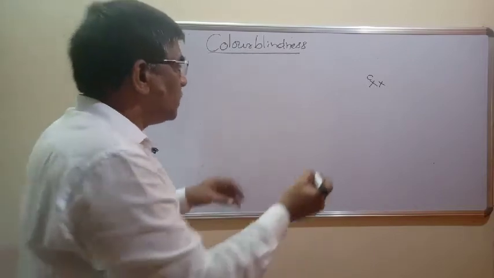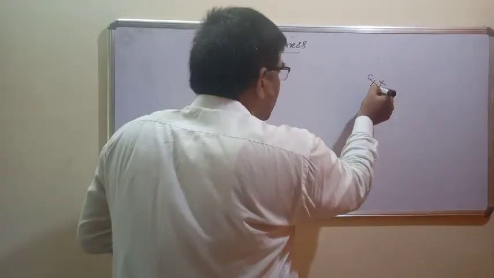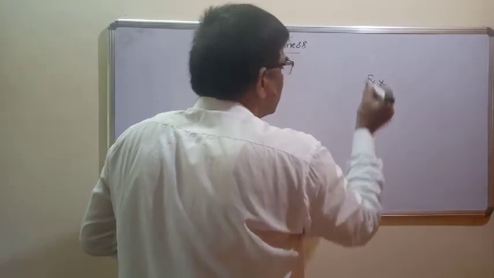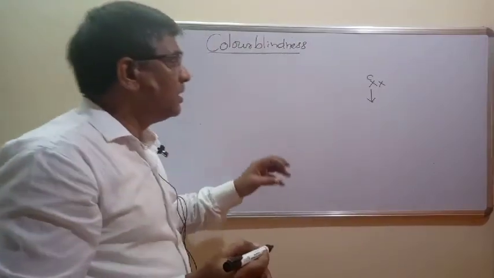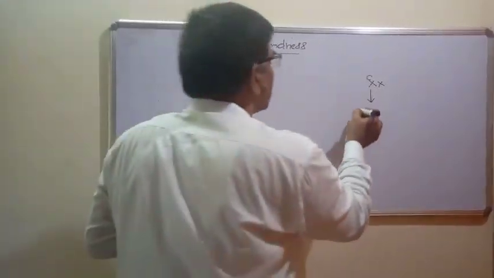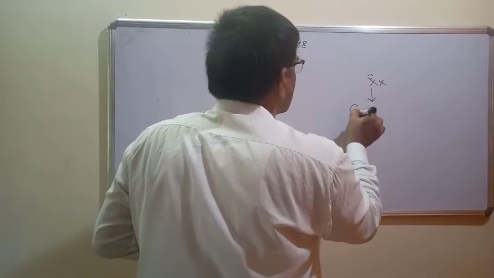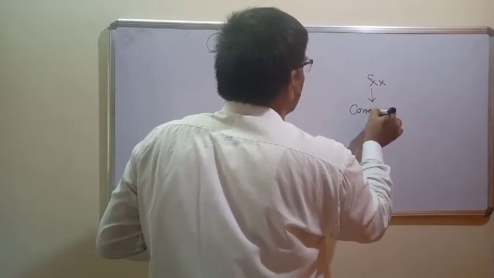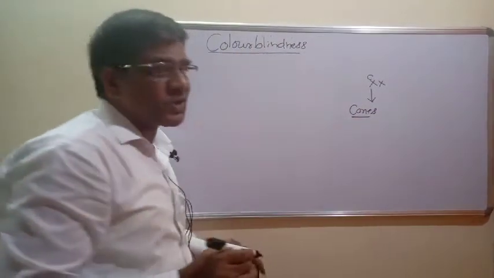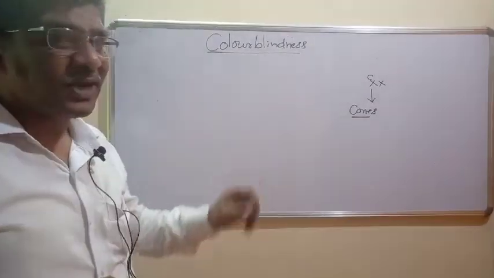This gene synthesizes a protein. Different proteins are synthesized, which we can call cones. I think you might have heard about the words cones and rods, which are present in our eyes.